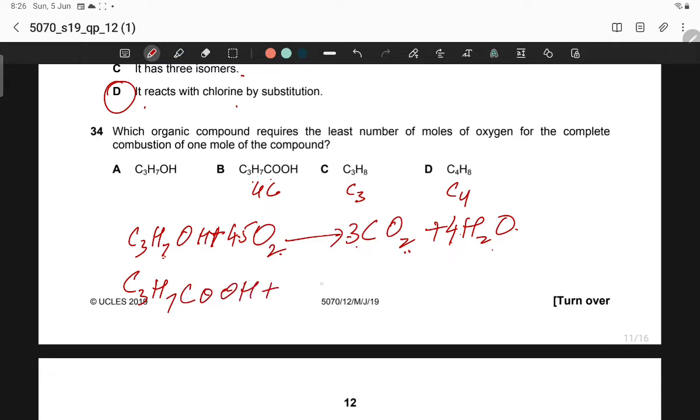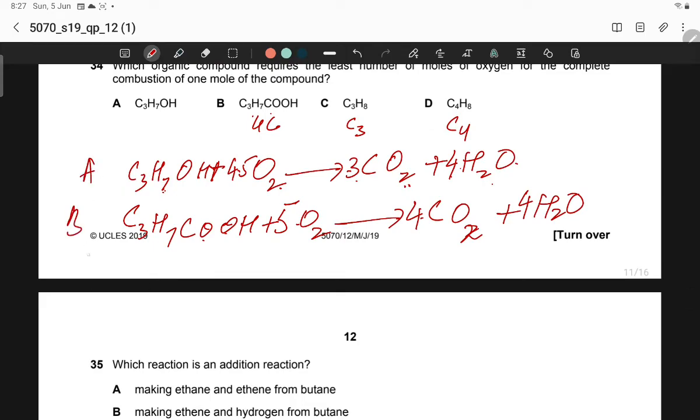C3H7COH plus oxygen gives CO2 plus water. 4 carbon, 1 and 2. 4 to the 8 and 4, 12. 5 to the 10 or 2, 12.